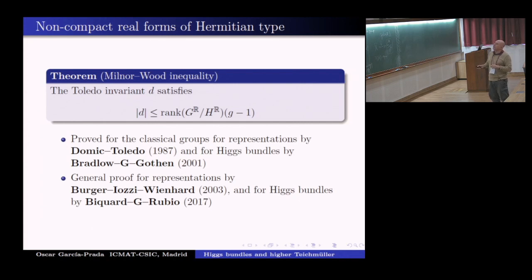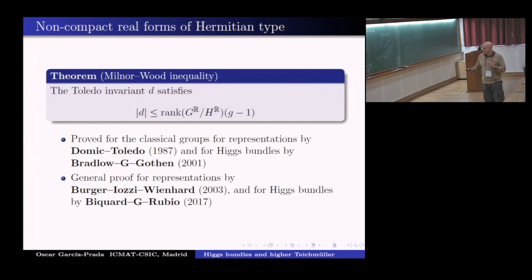And then from the point of view of Higgs bundles, in collaboration with Steve Bradlow and Peter Gothen, our approach is always similar to the case that I was explaining of SL(2,R), that is using semi-stability, except that it's definitely not as easy as here. A general proof for any groups, not just classical, was given by Burger, Iozzi, and Wienhard using bounded cohomology, and the Higgs bundle proof in my work with Olivier Biquard and Roberto Rubio is always this kind of thing, but much more difficult.